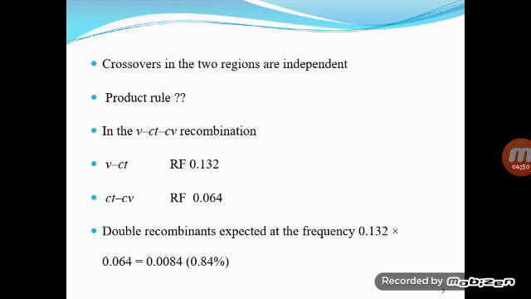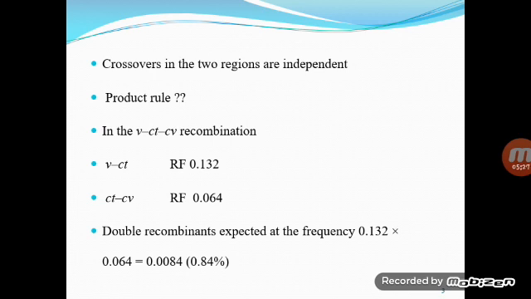So in our previous lectures we have already discussed recombination data. Again we will use that data to discuss interference. In the three genes recombination, V, CT, CV, we can calculate recombination frequencies of two genes separately.